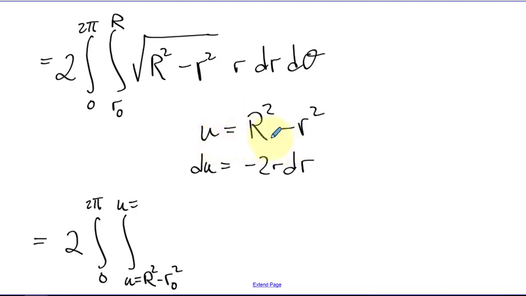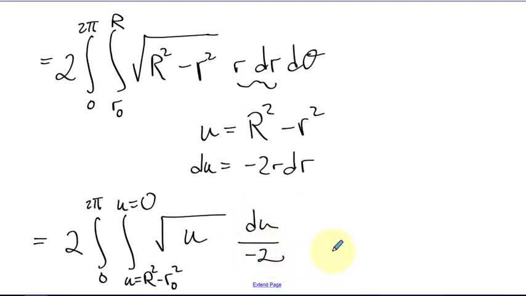It's big R squared minus big R squared. It's going to be 0. Then I have the square root. I'm going to replace this with u. I'm going to replace the r dr with du over negative 2. And then I'll save that differential in theta for later when I integrate the last integral.